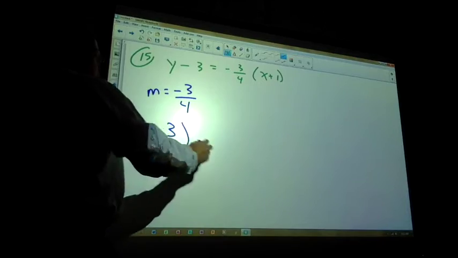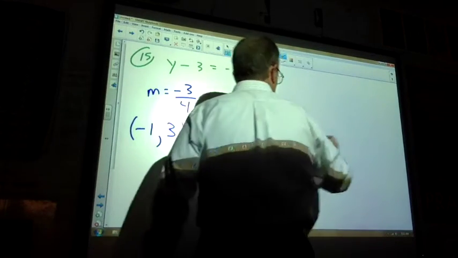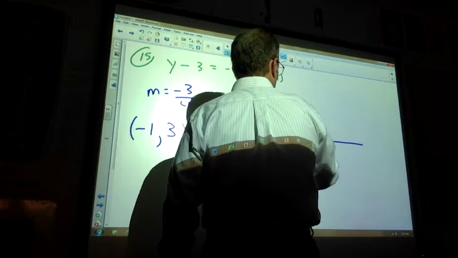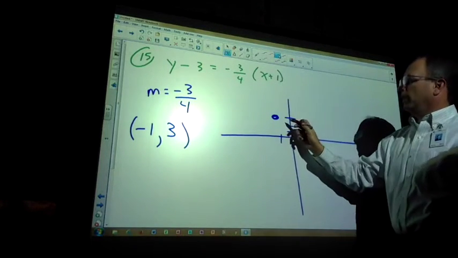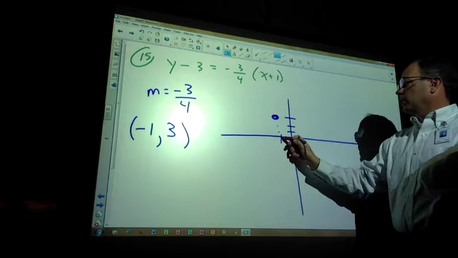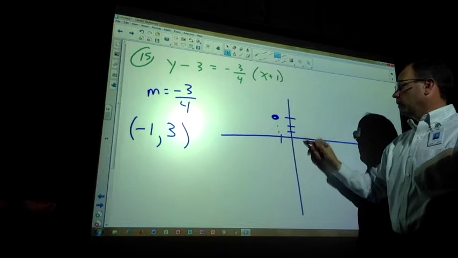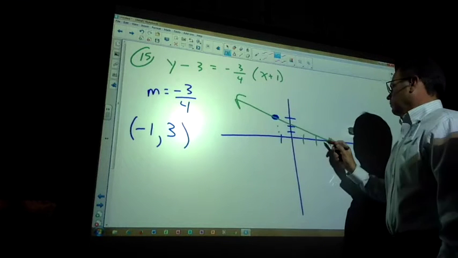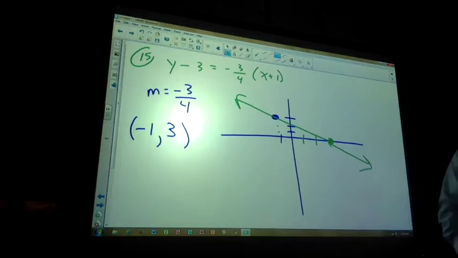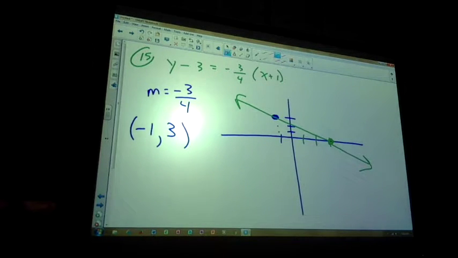Negative 1, positive 3. All right. So from this point, I'm going to go down 3, and I'm going to go right 4. Done. Good.